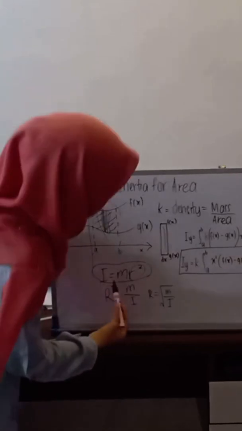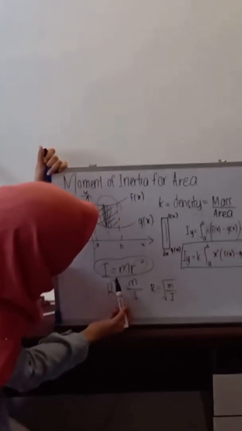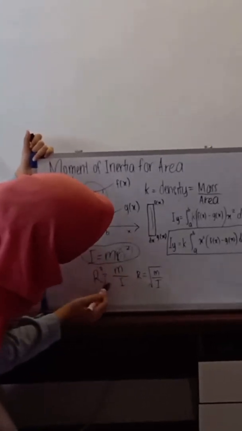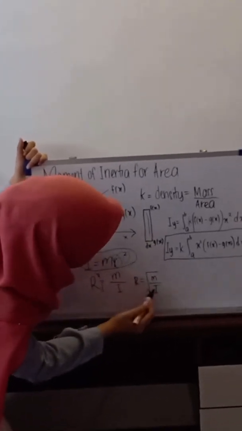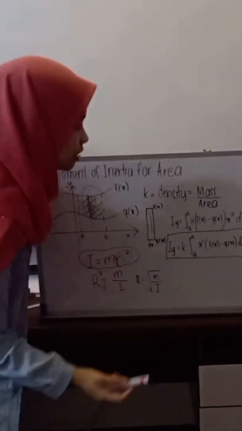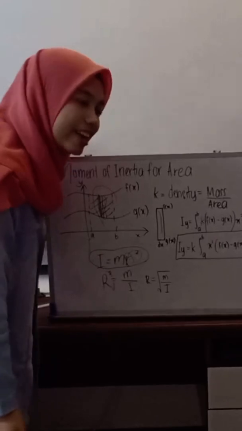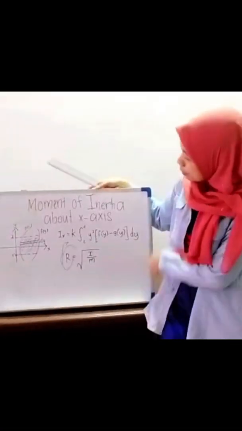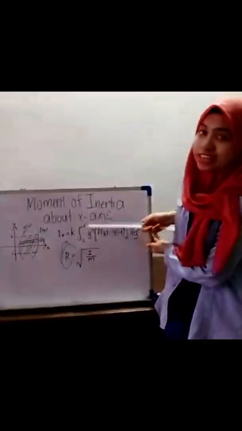So here we can rearrange it, and then we get that r is equal to the square root of I over m. So then we can get the radius of gyration.